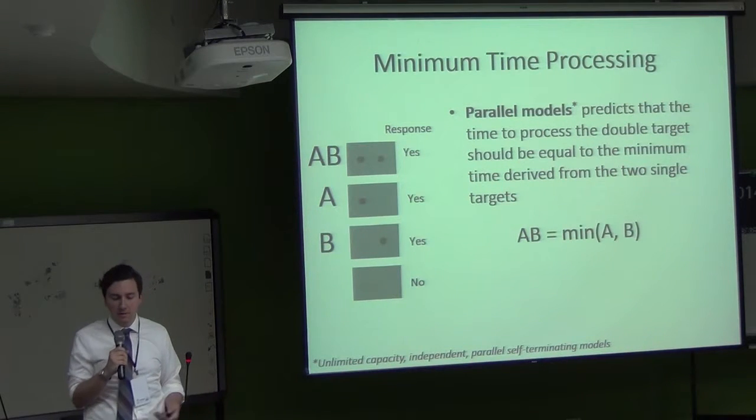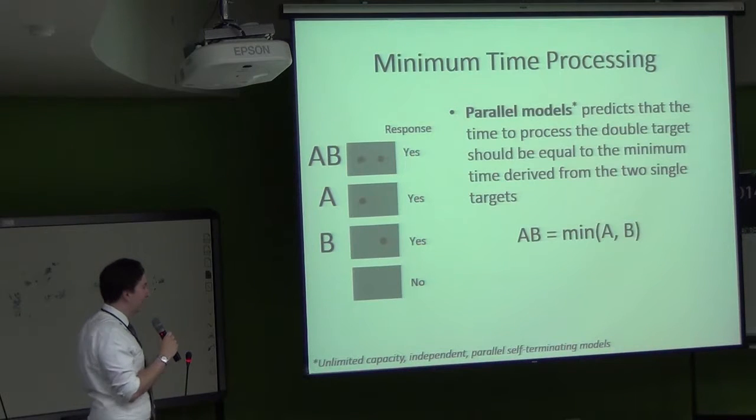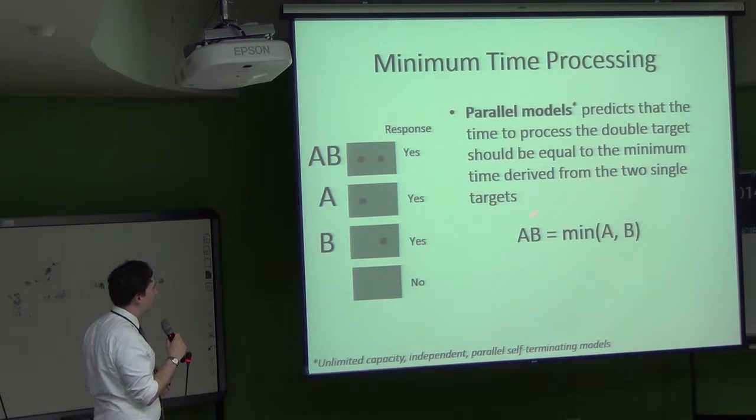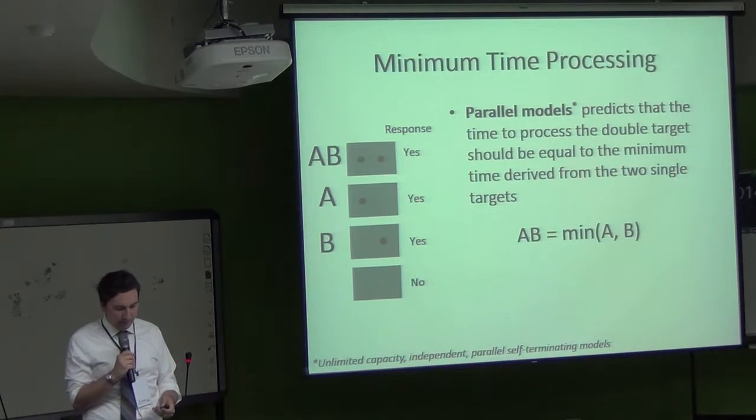And I can abuse mathematical notation here and just set up a simple relationship that the prediction from a parallel model is that the response time you expect from the double target should equal the minimum time that you derive from each of these two single targets on their own.